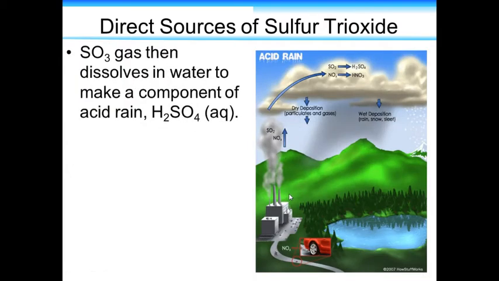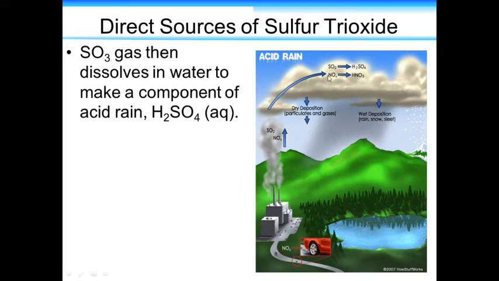These sulfur dioxide and sulfur trioxide molecules are problematic because they dissolve in water in the atmosphere, and when they do, they form H2SO4, which is known as sulfuric acid.